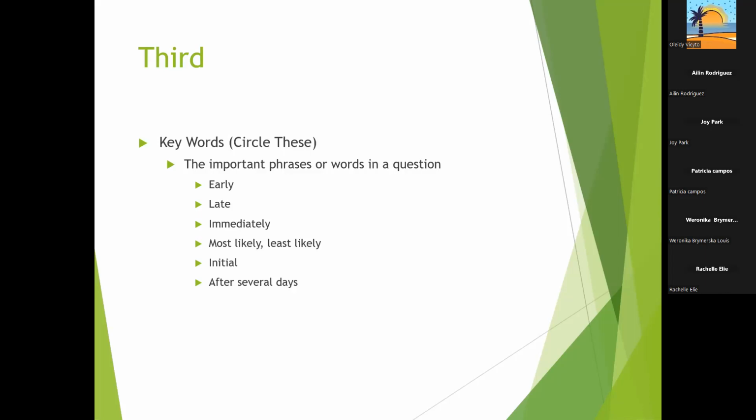Early versus late, okay? Those are very important things that I want to pay attention to, okay? Also, immediately, right? Again, when I see words like immediately, that means I need to do something right here, right now, okay? And then I look at different words, most likely, least likely, initial, after several days, okay?